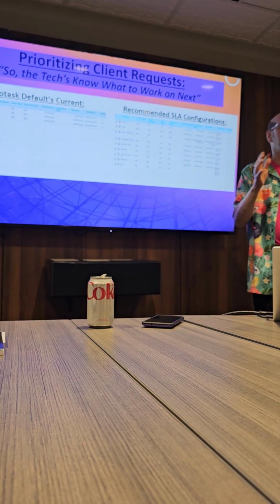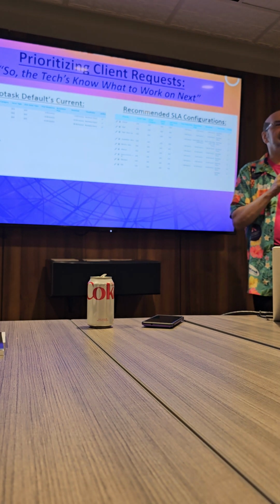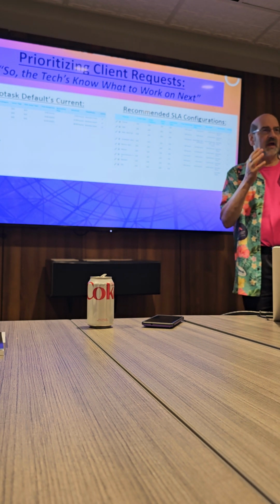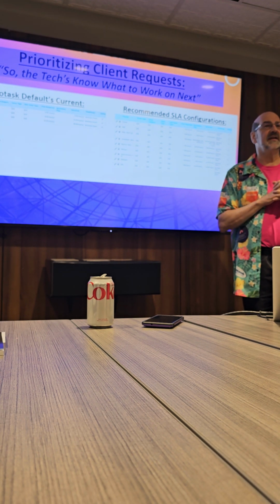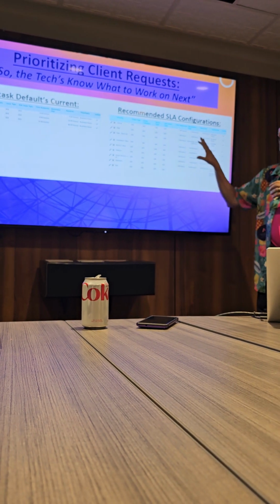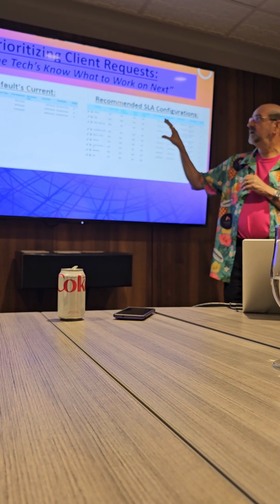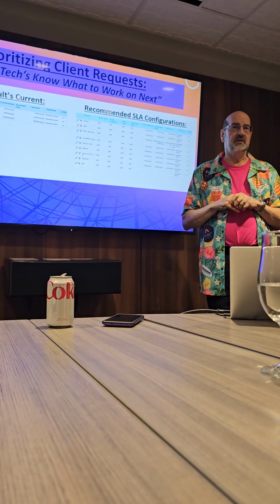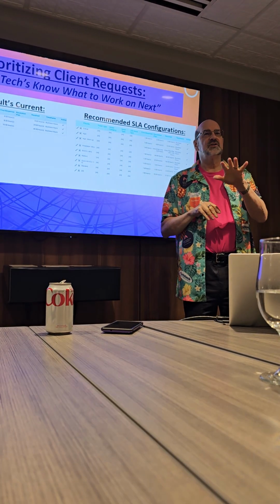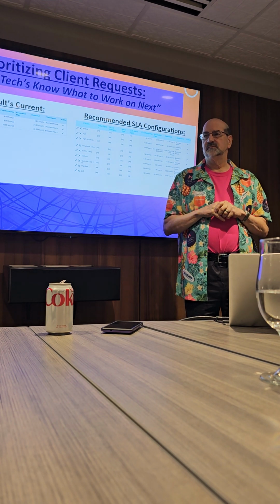And so we're now tracking how fast we're intaking and letting the client know what we're doing with this ticket. We're tracking exactly when the tech engaged and how long it took us to complete. So we're recommending the SLA automation to prioritize the work list for the techs. Questions, comments, thoughts?